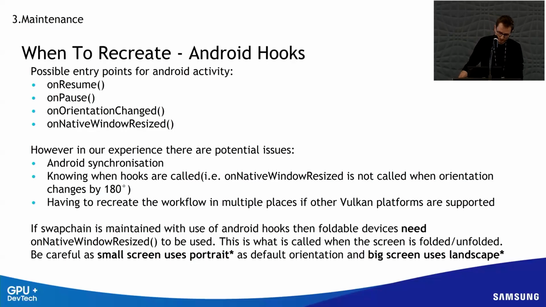For example, when we introduced fold devices, you now have a device that changes its screen during runtime. Are you 100% sure that your application that was using Android hooks accounted for it? Maybe, maybe not. Some people did, some people didn't. It's pain all around.